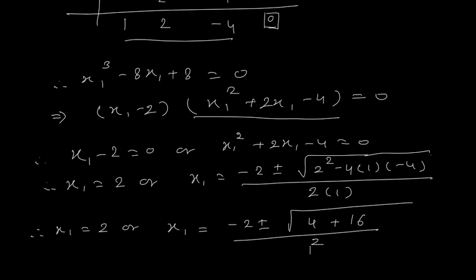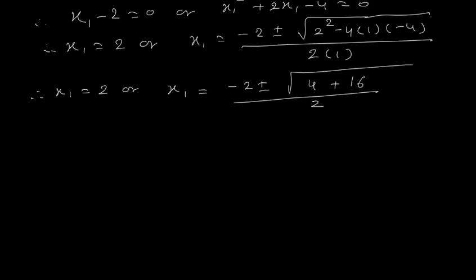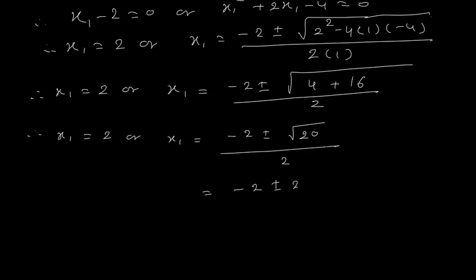So I will say that therefore x1 is 2, or x1 is minus 2 plus minus, here we have 16 plus 4, 20, whole divided by 2. This gives me minus 2 plus or minus, I can take 4 out, so that is 2 root 5 upon 2.